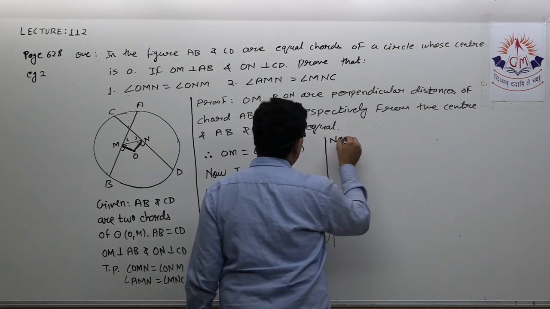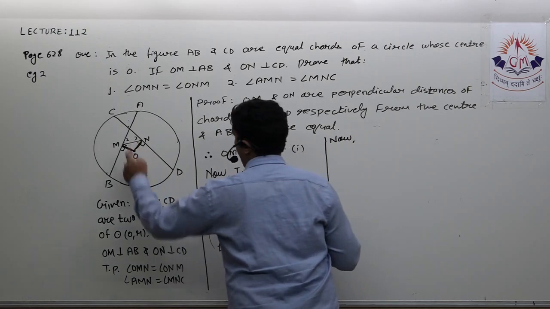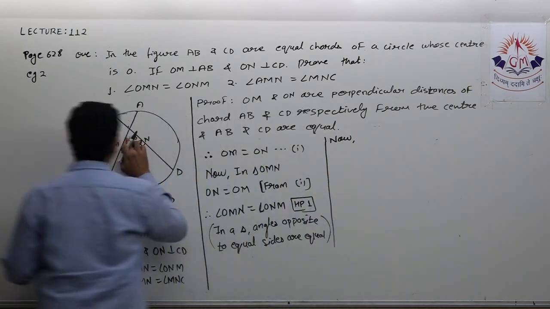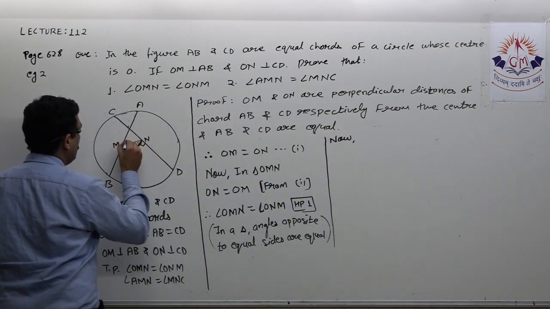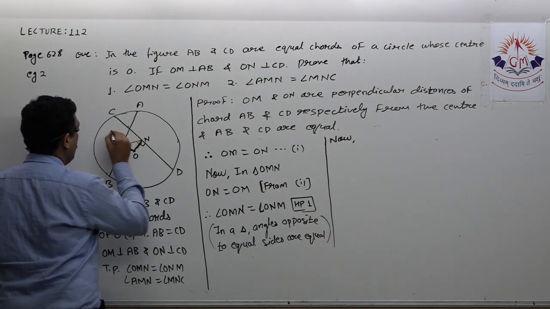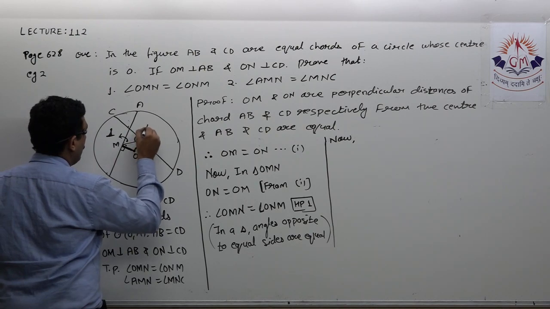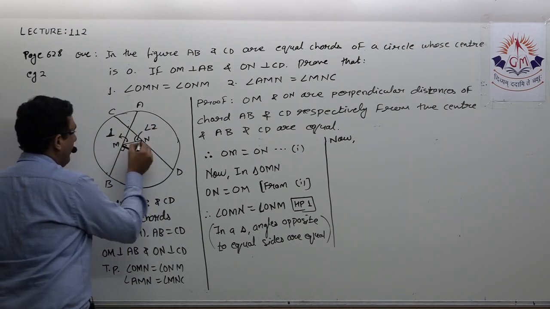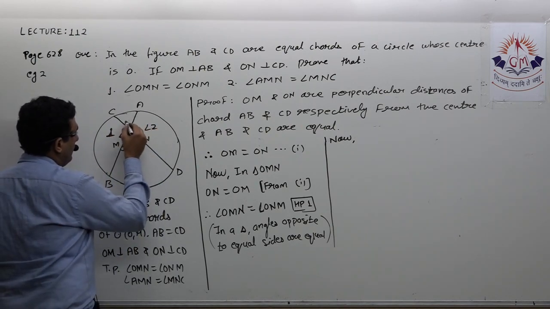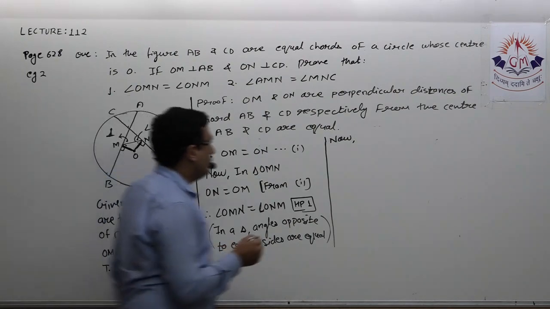I am saying this is angle 1, that is AMN, and this angle I am taking as angle 2, that is CNM.